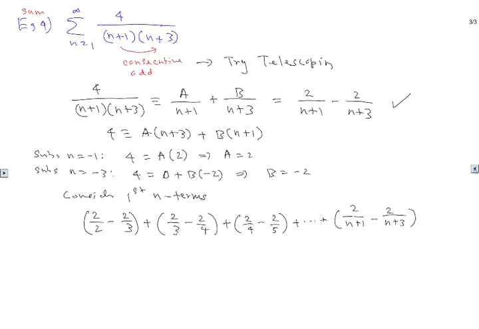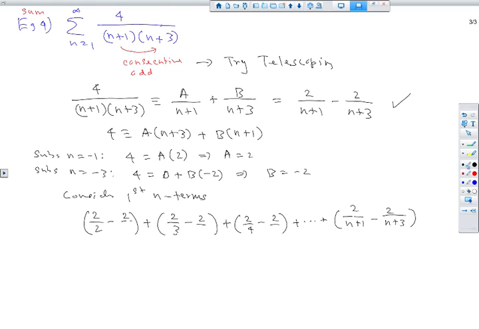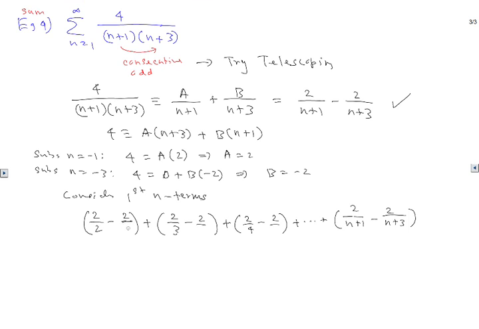Actually, I think I made a slight mistake here. That's the wrong number I plugged in. Okay, good. When you plug in n equal 1, you get 2 and 4 here, and when you plug in n equal 2, you get 3 and 5, and when you plug in n equal 3, you get 4 and 6, like that.